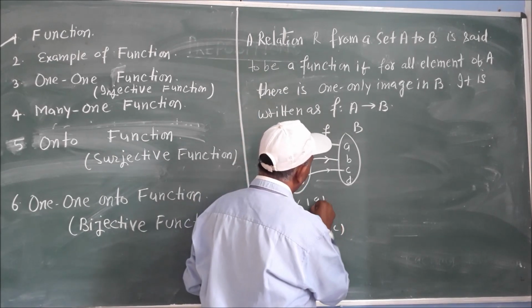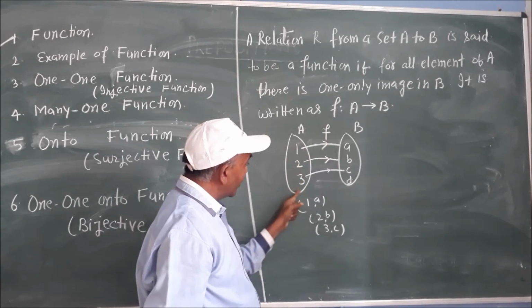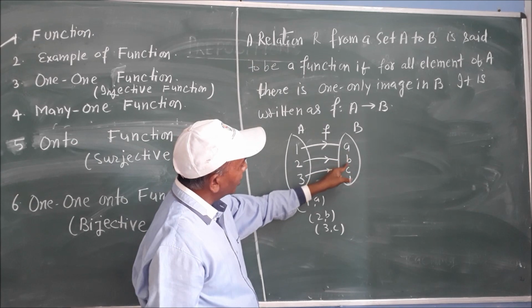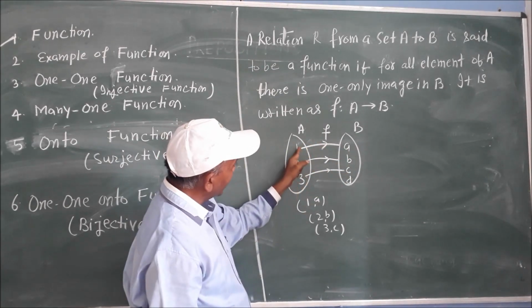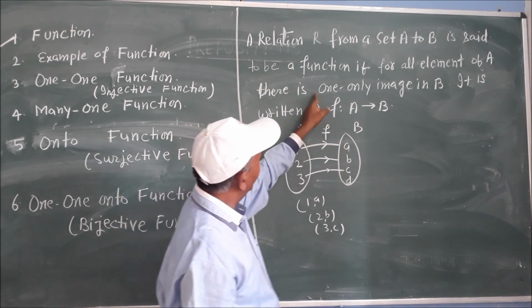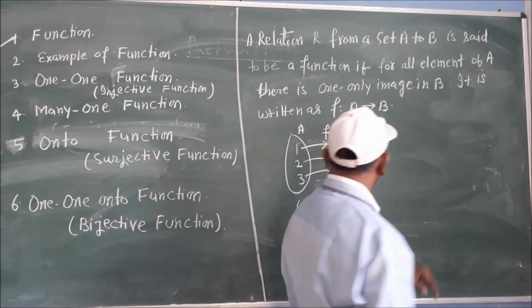So what are you seeing here? Each element of A has one and only one image in B.